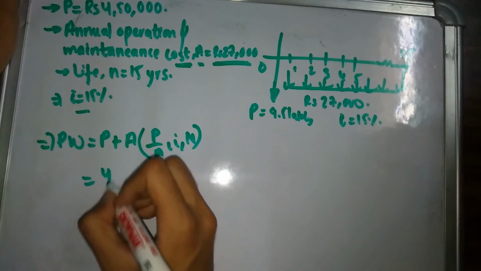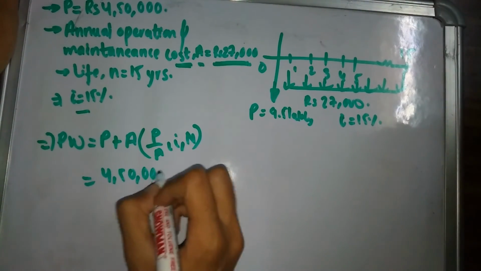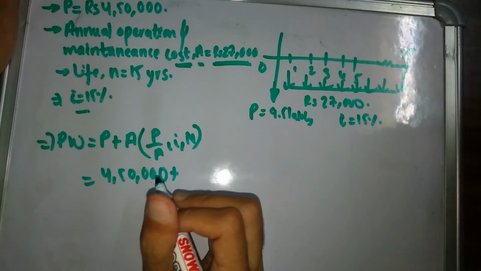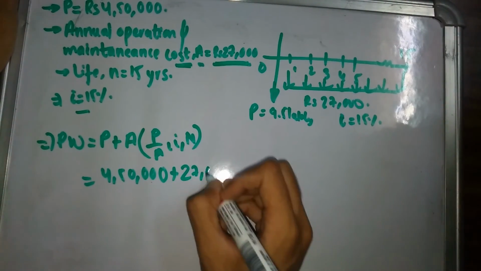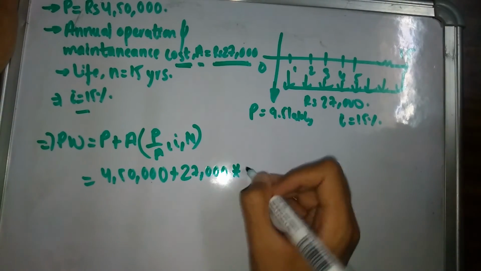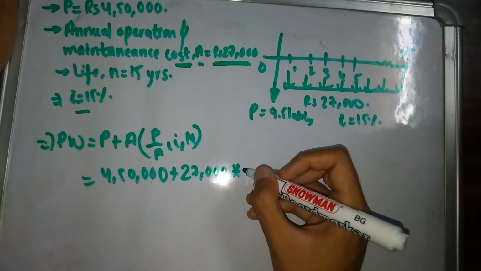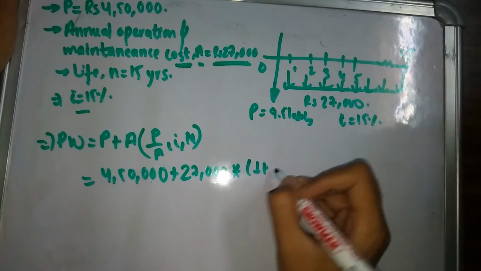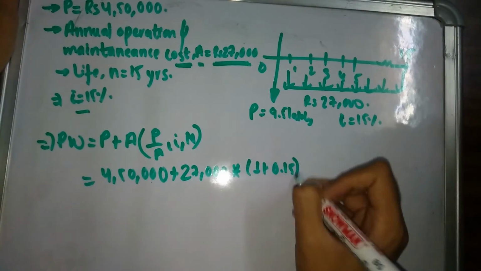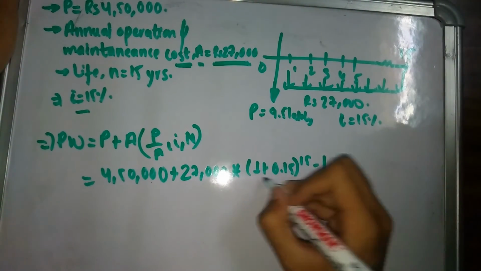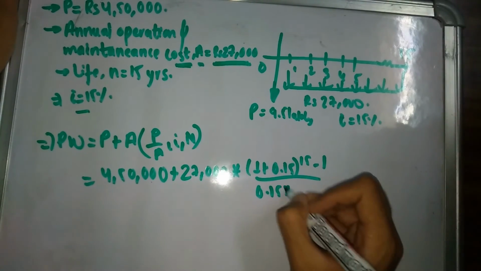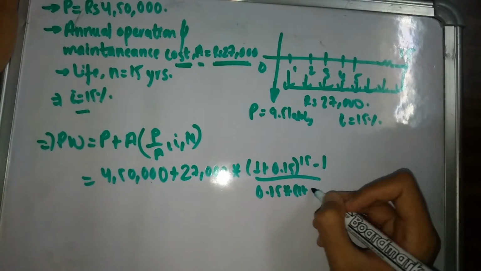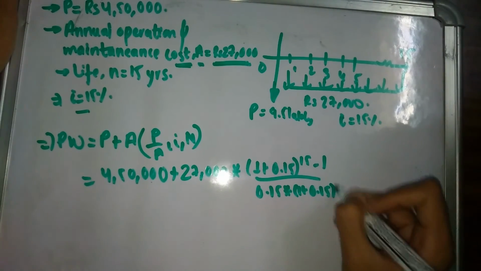So my P is 4,50,000 plus my A is given as 27,000, and my formula of P by A is (1 plus I, 0.15) raised to the power n, 15, minus 1, divided by I, 0.15, into (1 plus 0.15) raised to the power 15.